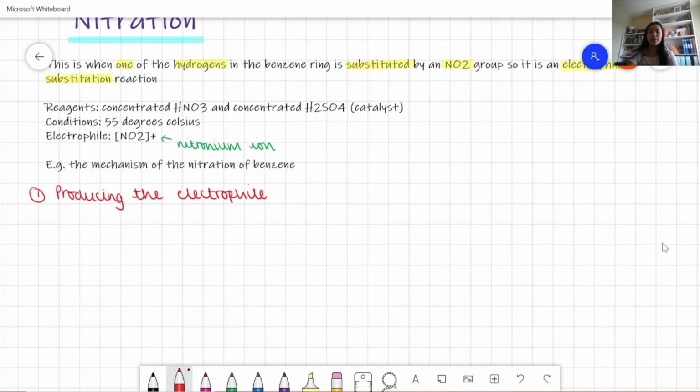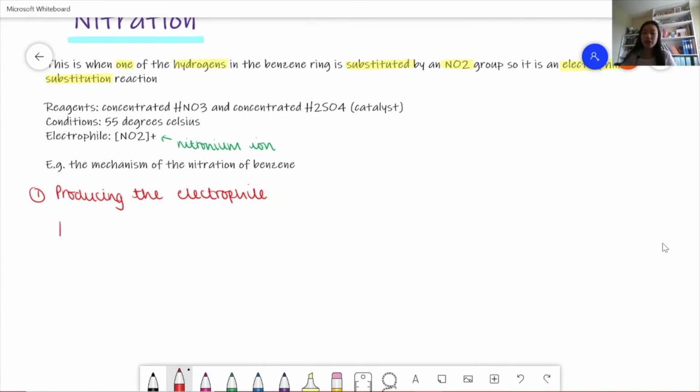And so what happens is we have some nitric acid and also some sulfuric acid, and they react together to form H2NO3+ and HSO4-.